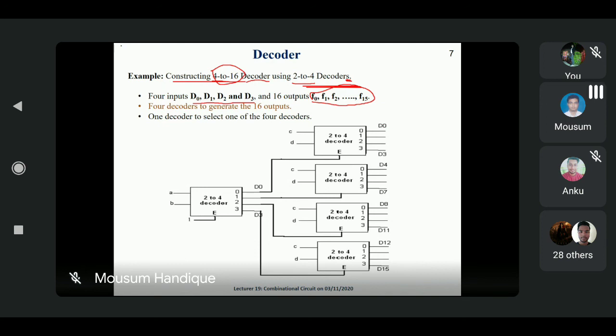Sorry, I am using D0 here, so don't confuse; you can use F0, F1 also. The output lines are D0 to D15.